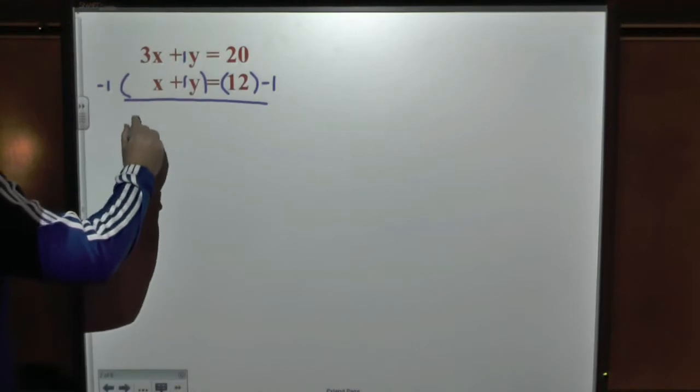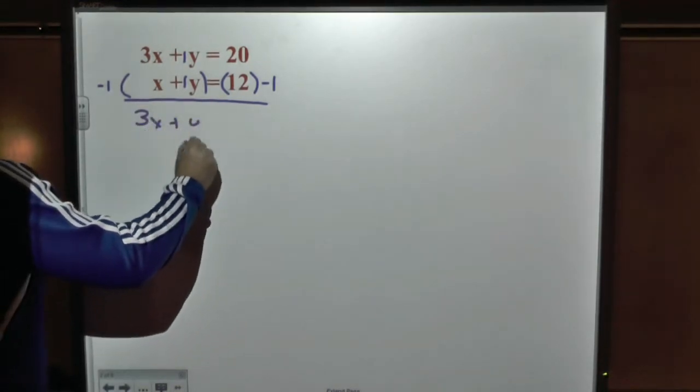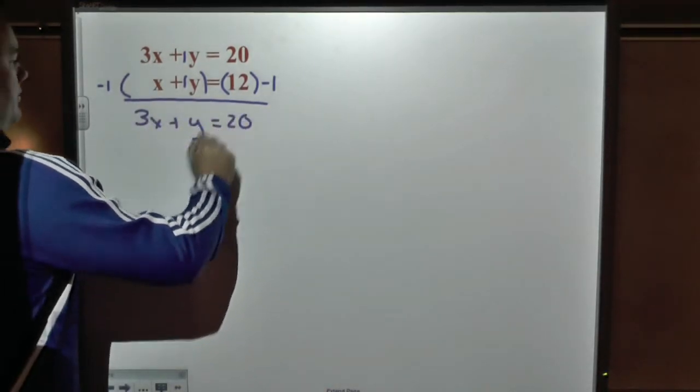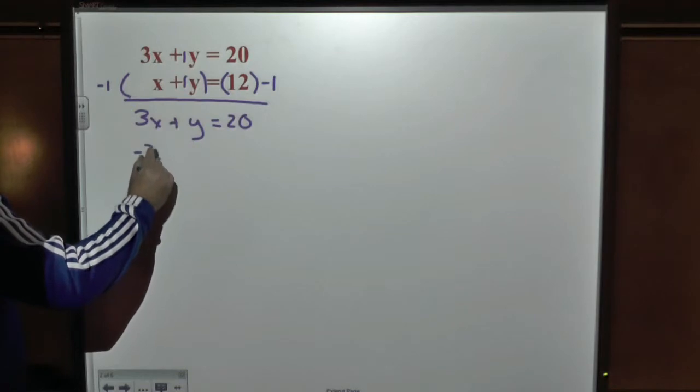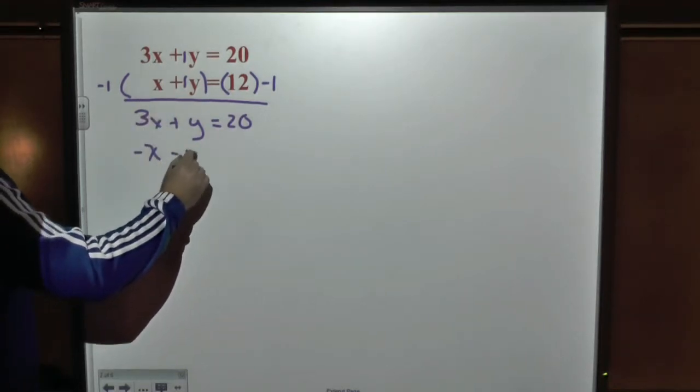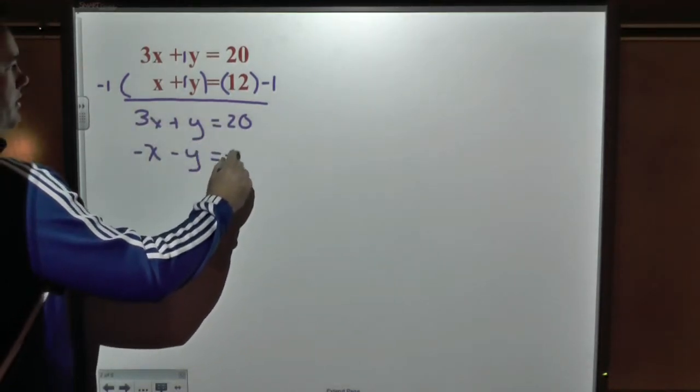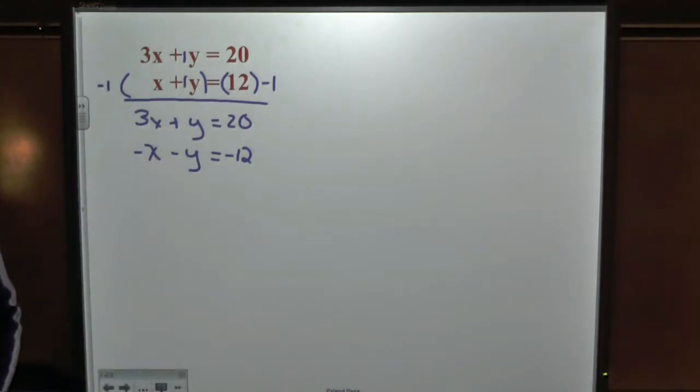As you look at this, the first equation stays the same: 3x plus y is equal to 20. Now watch what happens. -1 times x is -x. -1 times y is -y. And 12 times -1 is -12. Remember, multiplying by -1, all you're really doing is switching the sign of each term.